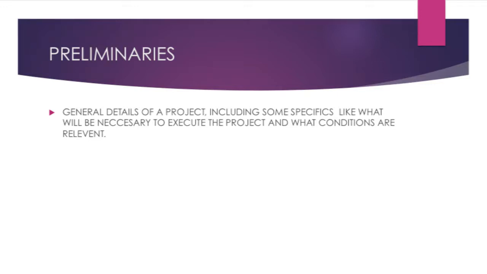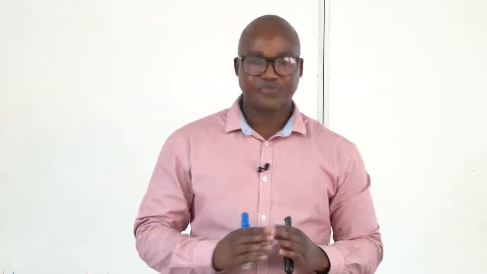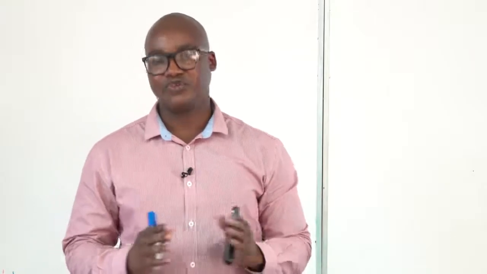Usually before the start of the project, we have to prepare the site, demarcate the site, allocate the offices, do the water connections, and hire a security company to be on site full time. Those fall under the category of preliminaries.